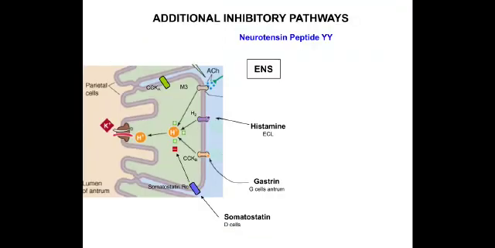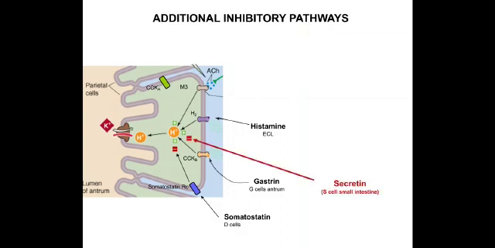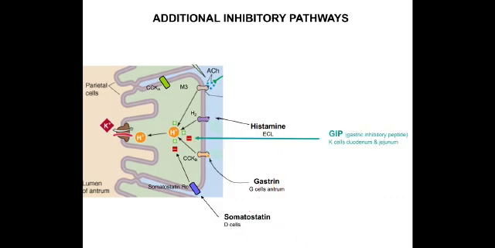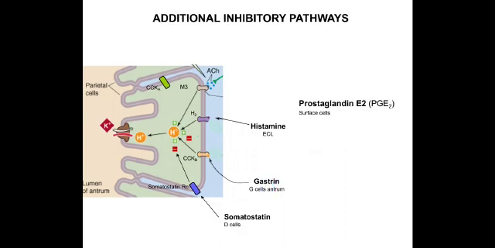Inhibitory pathways act through the enteric nervous system, which inhibits acetylcholine by producing vasoactive intestinal peptide and histamine, and secretin, which causes inhibition of hydrogen ion and also inhibits gastrin, which in turn stimulates somatostatin, which has an indirect action on gastrin and inhibits it. GIP, the gastric inhibitory peptide, also inhibits hydrogen secretion.